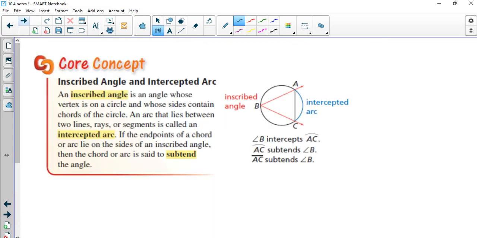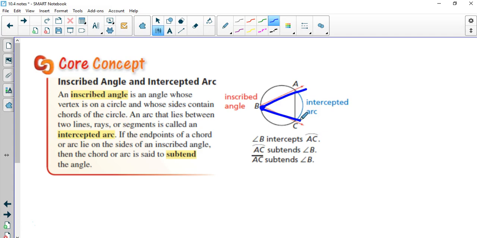Okay, on to the new stuff for this section, 10.4. Inscribed angle. An inscribed angle is an angle whose vertex is on the circle, and the sides are chords of the circle. Okay? So this is the vertex. Remember, the vertex is the center letter, so when we name that angle, it would be angle ABC or CBA.